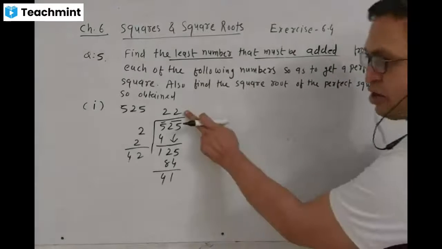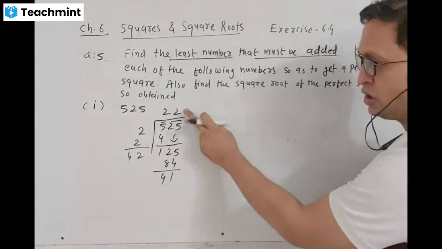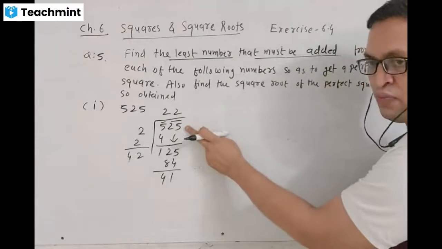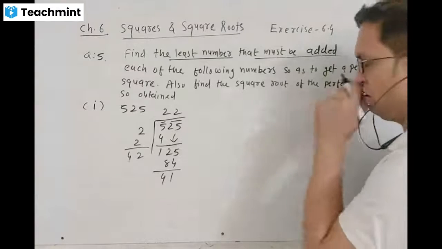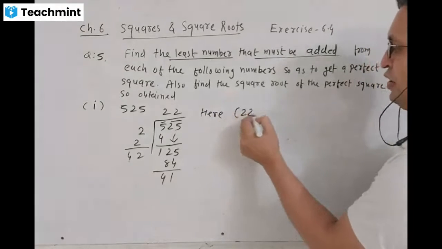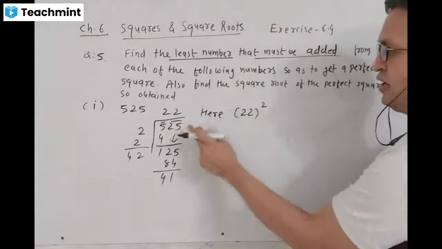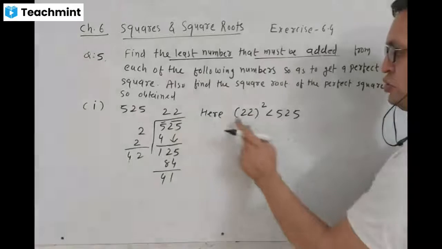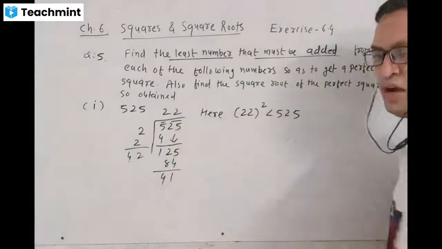So the square of 22 is less than 525. Yes or no? The square of 22 is always less than 525, because the remainder is 40. Then the remainder stays, so the square of 22 will always be smaller than 525.